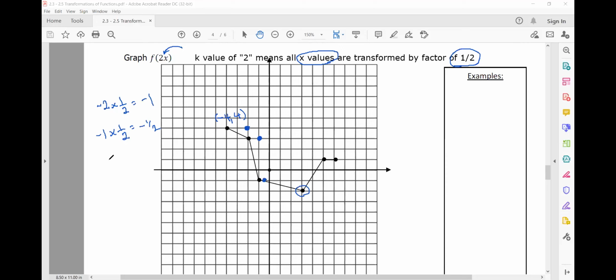What is the x value of that? Let's see. Marin, are you there? Yeah. What is the x value of this original parent function? Right, point right here. I honestly don't know.